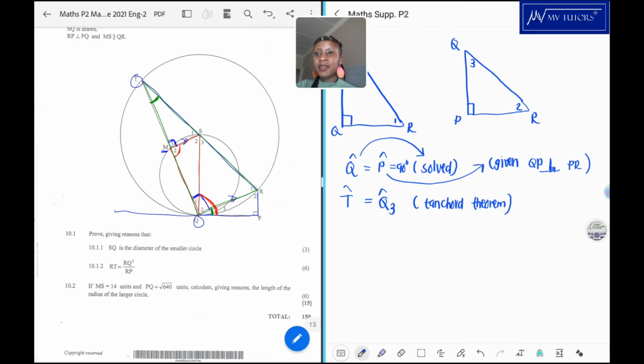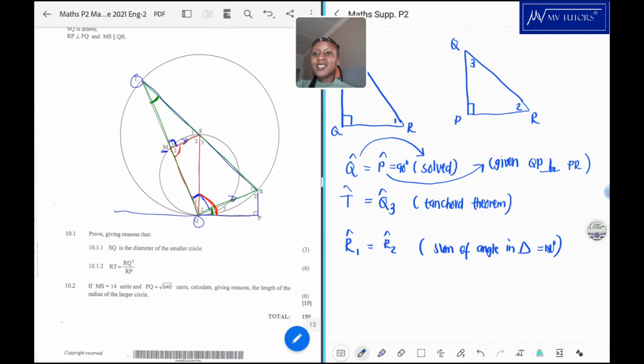Now we need to show that R1 is equal to R2. Okay, by virtue of Q being equal to P and T being equal to Q, I can see that R1 will be equal to R2 because of the sum of angles in a triangle.